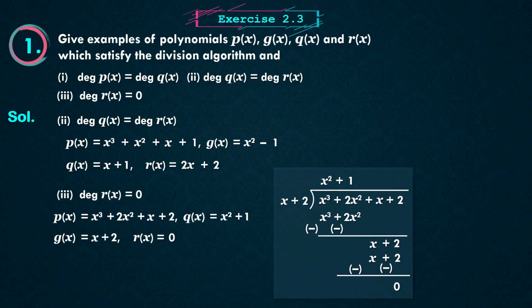Since the remainder is 0, the expression becomes exactly p of x. Now observe the degree of the remainder. The remainder is 0, which is a constant. Therefore, the degree of r of x is 0, and the condition is satisfied. Hence, this is a valid example for the third case.